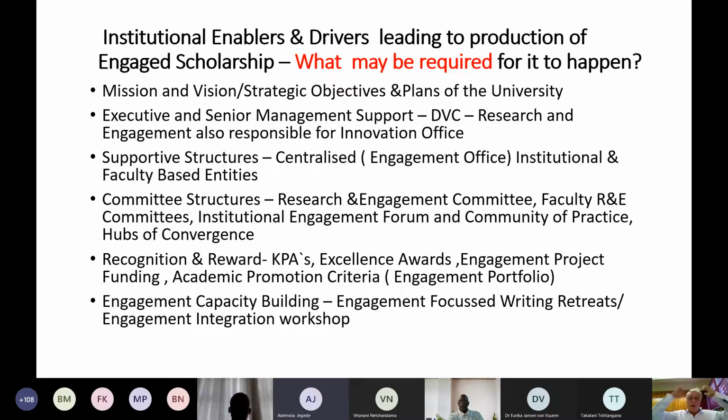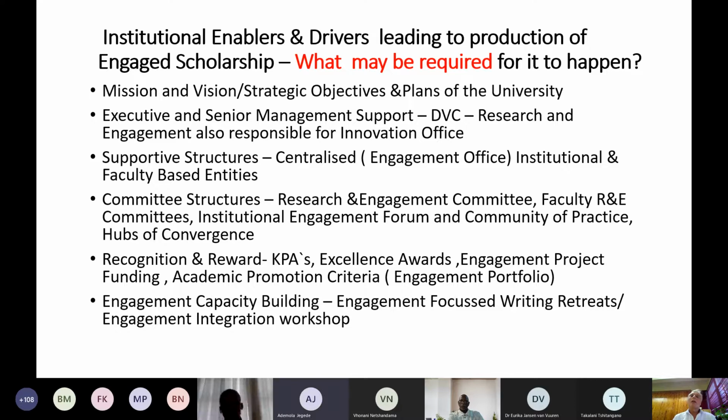Now, I think it's very important. If you don't enable and if you don't create drivers of engaged scholarship and you don't provide support to academics, it might not happen. They would feel much more comfortable just doing on-campus research, staying in their office and not moving out of the office. Because we all like our comfort, we like our little empires, we don't like change, we're not very flexible as academics.